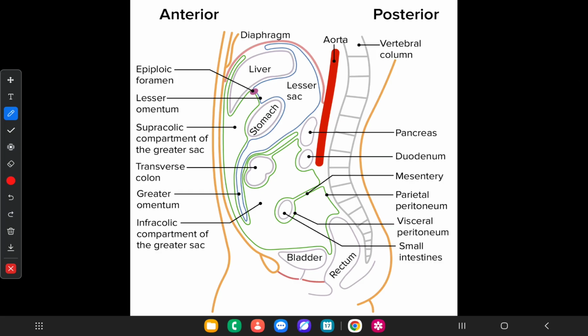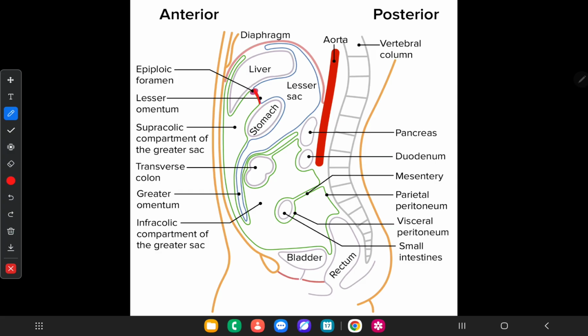And let's see what the lesser omentum is. Lesser omentum is also a double fold of peritoneum which extends from the liver to the lesser curvature of the stomach. Here you can see the liver, and here is the stomach. You can see very clearly. So the lesser omentum is the one which extends from the liver to the stomach.